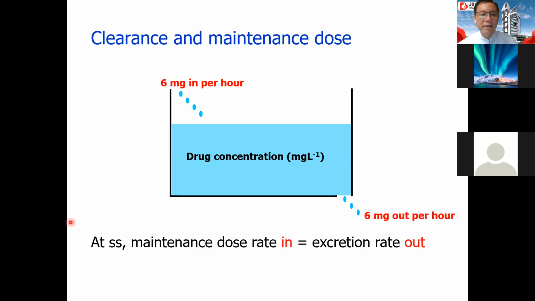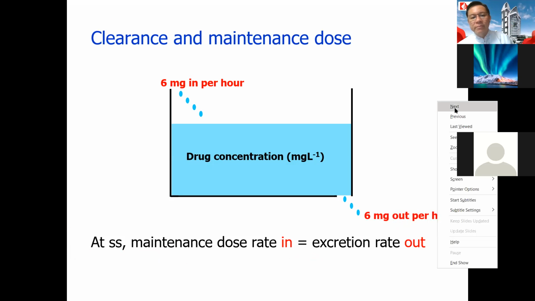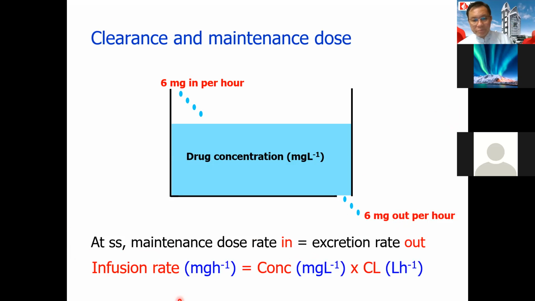Okay, so at the steady state, the maintenance dose rate in and the excretion rate out are the same. Infusion rate means the amount that we give per time, the time can be hour, like milligram per hour, and it is equal to concentration times clearance.